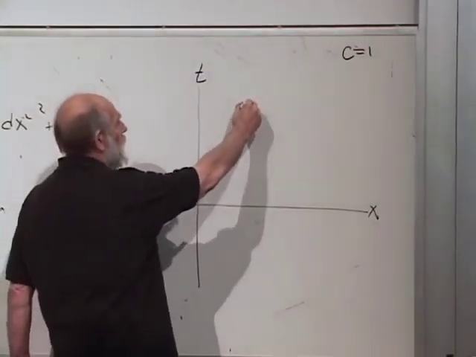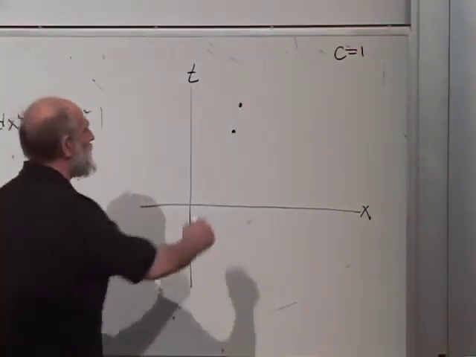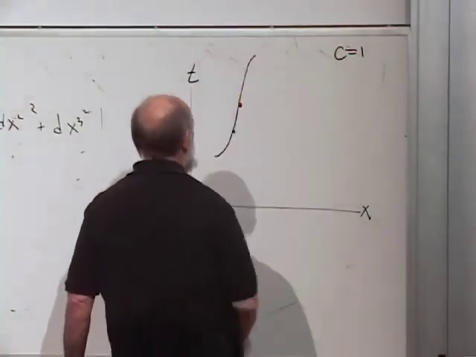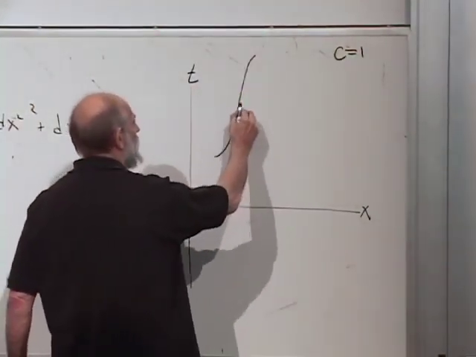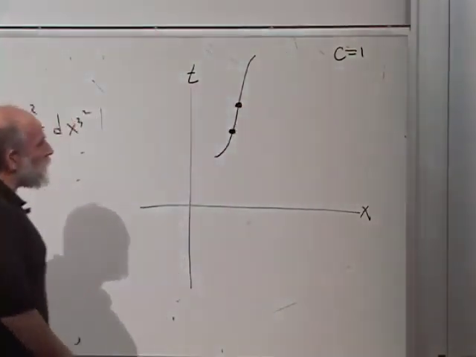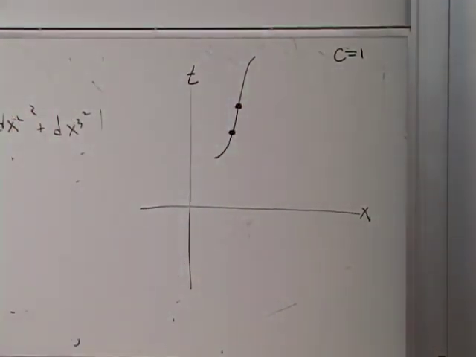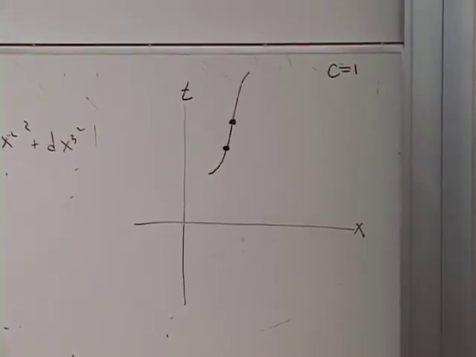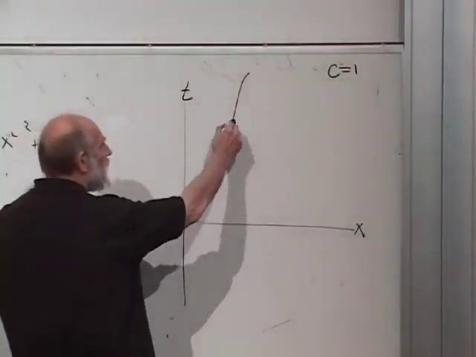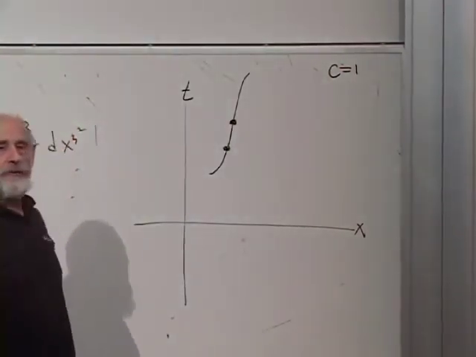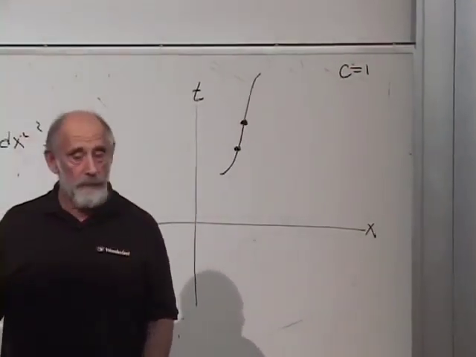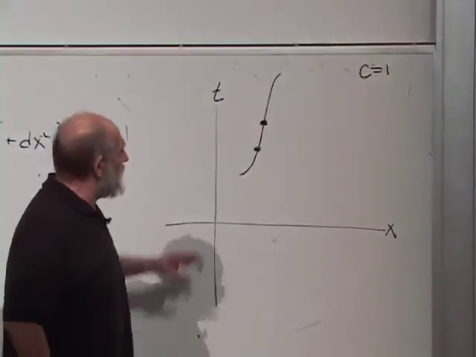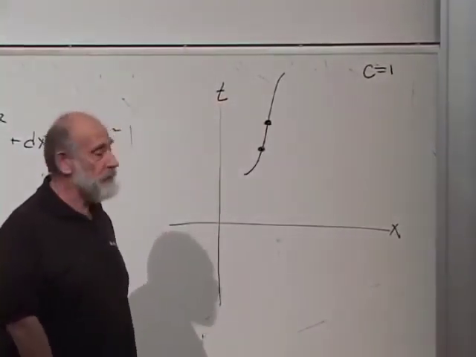And we can consider 2 points. For example, these could be 2 points on the trajectory of a particle. There's a notion that we've discussed in previous quarters of the idea of the proper time interval between 2 points, which is very similar, but a little different, to the distance between 2 points.